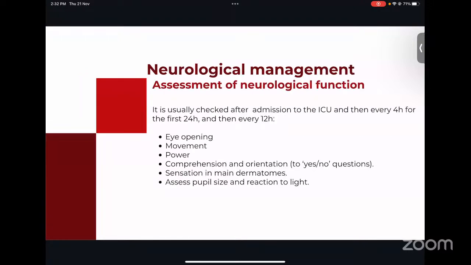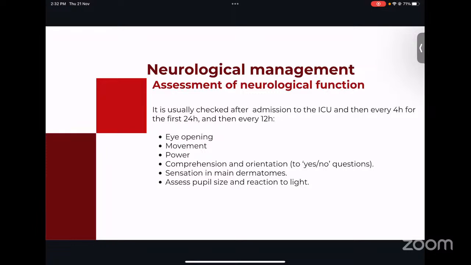The following assessments are made once the patient is admitted to the ICU, every 4 hours in the first 24 hours, and then every 12 hours on the second day. We will check for eye opening, whether it is spontaneous, to speech, to pain, or not open at all. The movement, whether the patient obeys commands or has weakness.